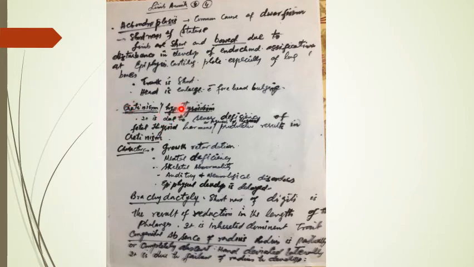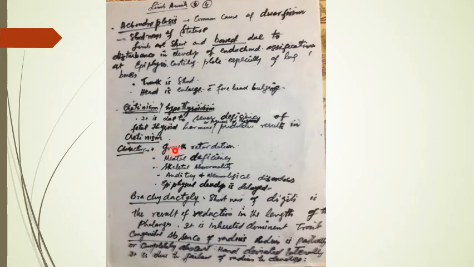Cretinism, hypothyroidism, is due to severe deficiency of fetal growth hormone or agenesis of the thyroid. The thyroid failed to develop, or the thyroid is not properly functioning. Deficient thyroid hormone production results in cretinism.